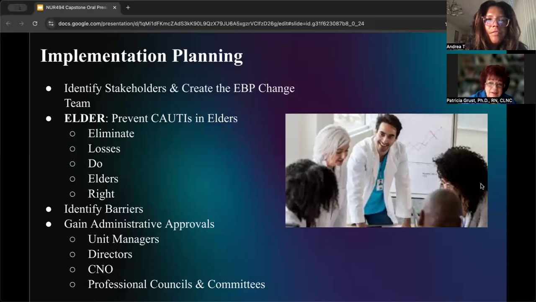In the recruitment of the evidence-based practice change team, it is imperative to acknowledge and address potential barriers for change.